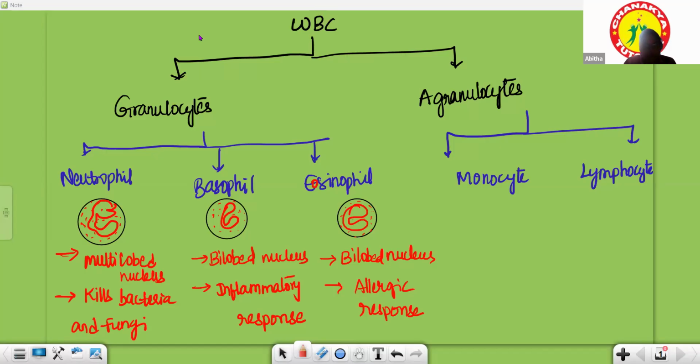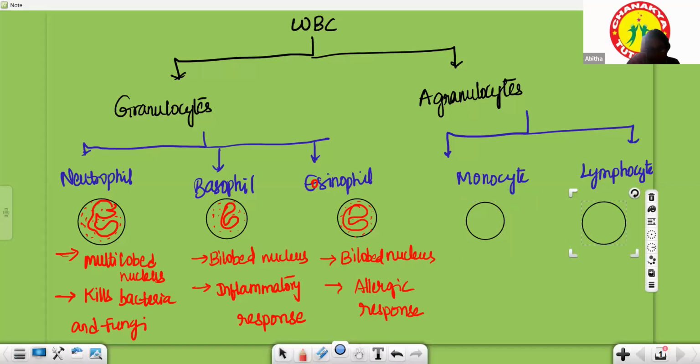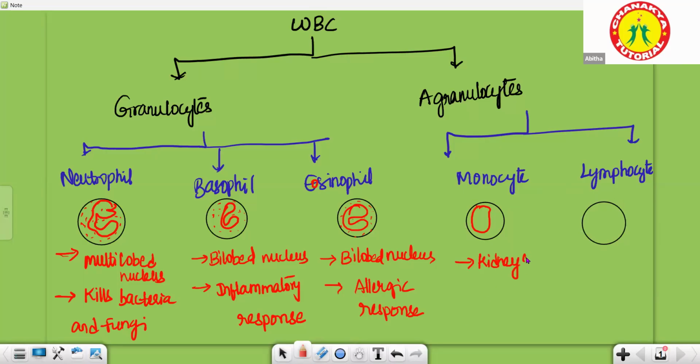Clear? Let's discuss agranulocytes. When you compare these two types of cells, you cannot find any granules in them. Monocytes have a nucleus of kidney shape. So what is the shape of the nucleus? It is a kidney-shaped nucleus. And the role of monocyte is that it removes dead cells. Ma'am, from what does it remove dead cells?